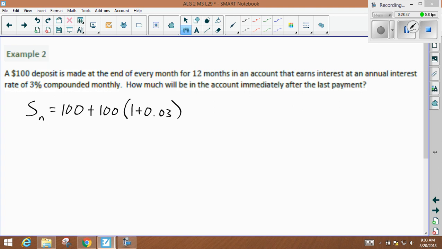If it's annual. And that's going to go all the way up to 12 months. So n minus 1, so 11, right? That's what it's going to go there.